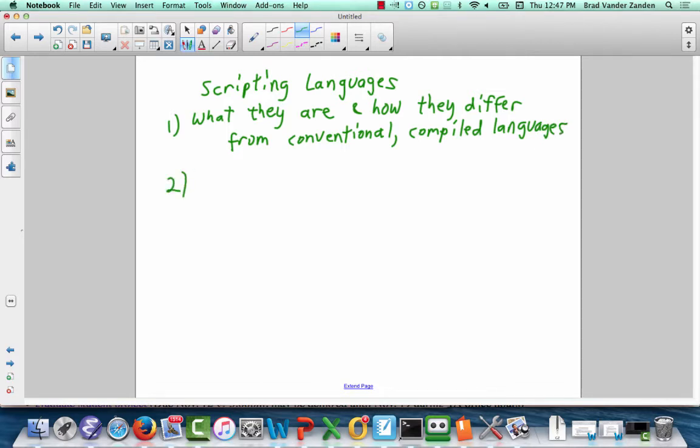Then we'll go into 3 specific ones, which are Perl, PHP, and JavaScript.